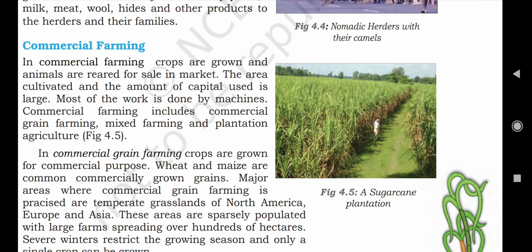It's called commercial farming. In commercial farming, crops are grown and animals are reared for sale in the market. Commercial farming includes commercial grain farming, mixed farming, and plantation agriculture.